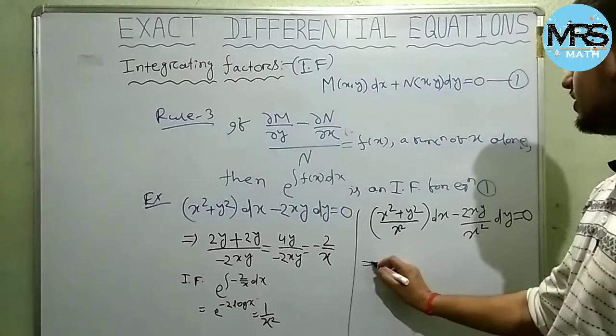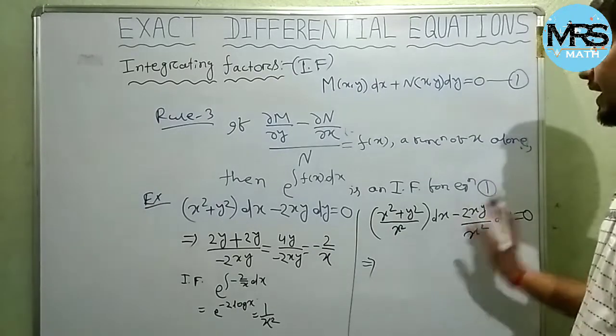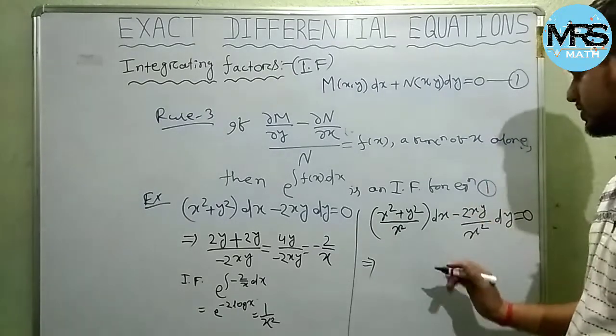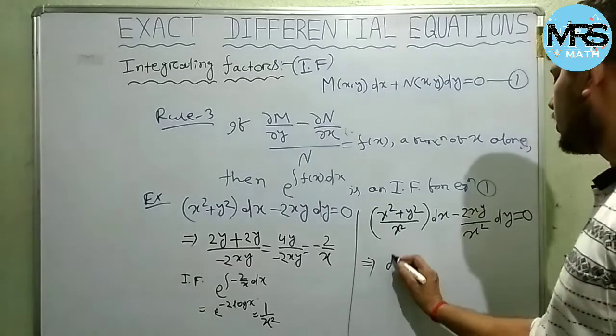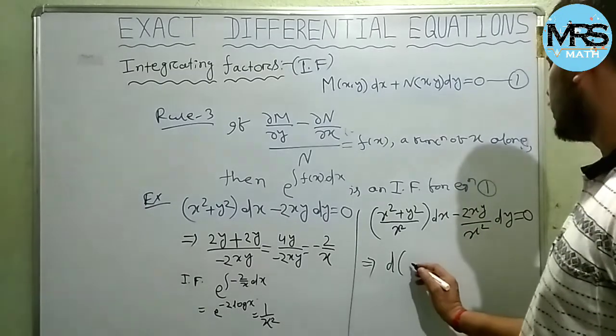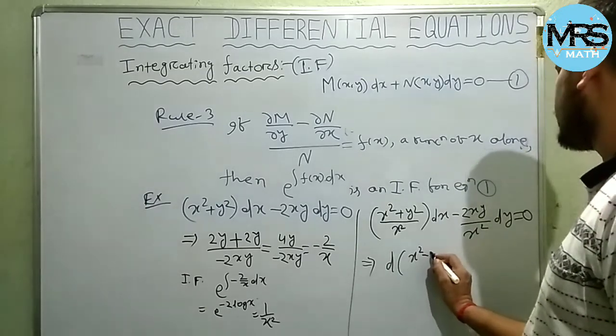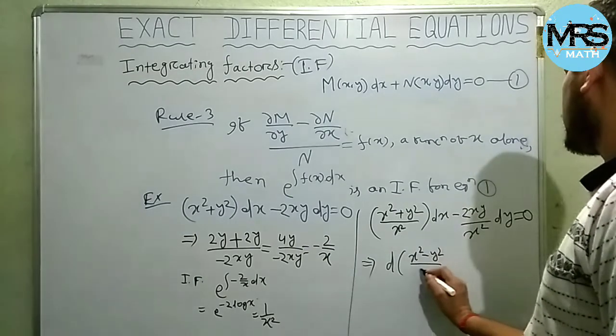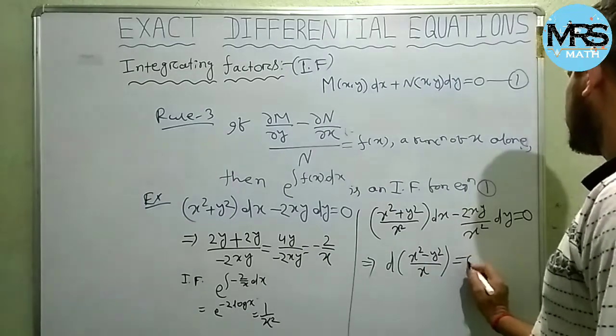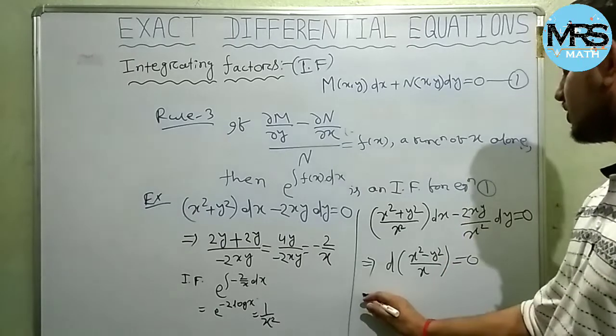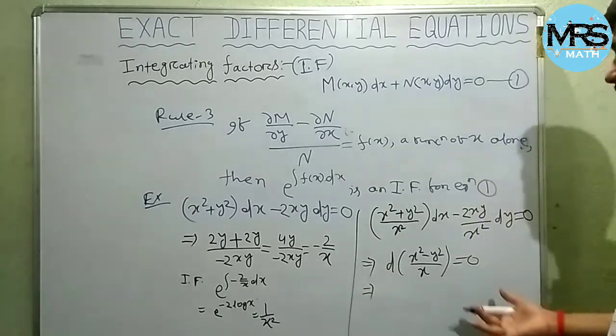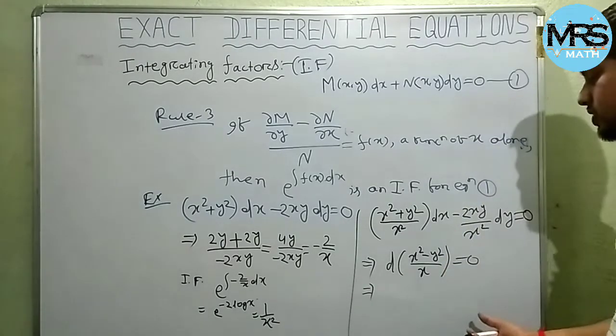So you can see this was an exact differential equation, okay, and this will come as d of (x square minus y square over x) equal to 0. You can verify. So now we will integrate both the sides to get the solution.